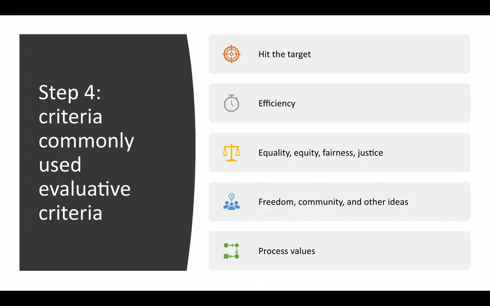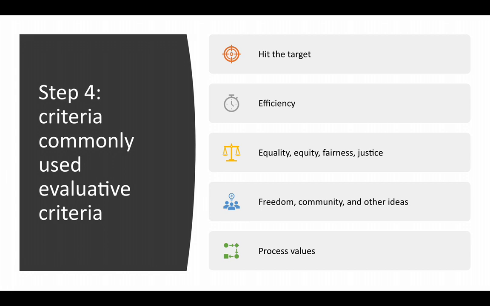All right, some of the commonly used evaluative criteria include efficiency, like cost-benefit analysis. This is basically the most commonly used evaluative criterion. While you also have equality, equity, fairness, justice, freedom, etc.